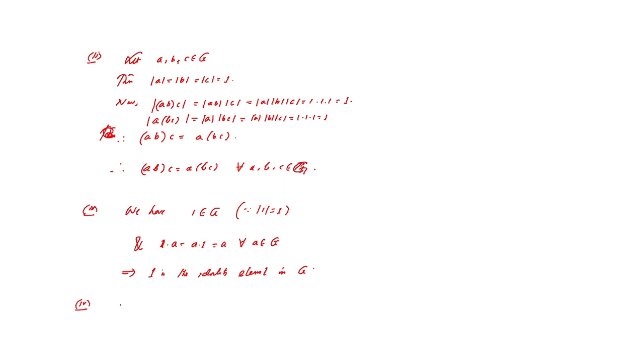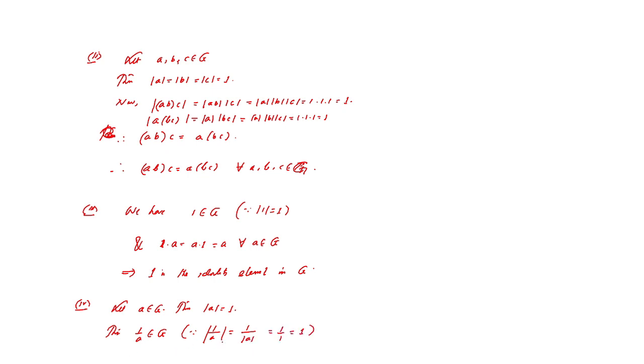Now inverse. Let A belong to G. Then mod A equals 1. And also 1 by A belongs to G. Why does 1 by A belong to G? Since the modulus of 1 by A is 1 by mod A, that is 1 by 1, which is 1.